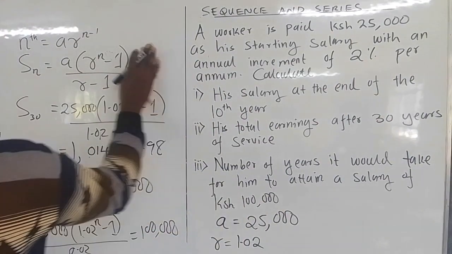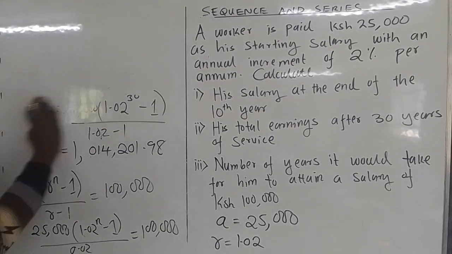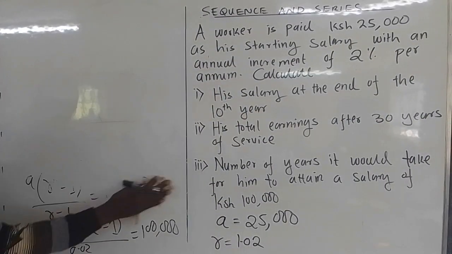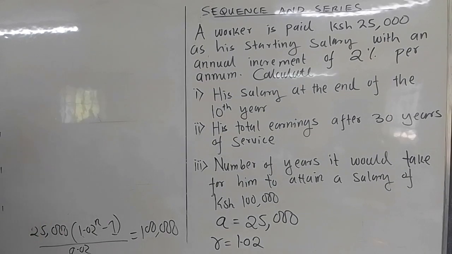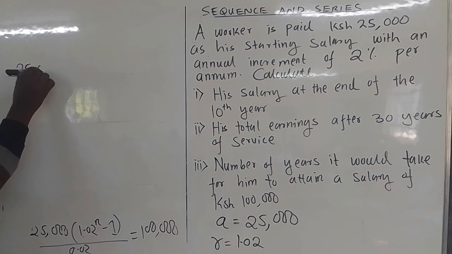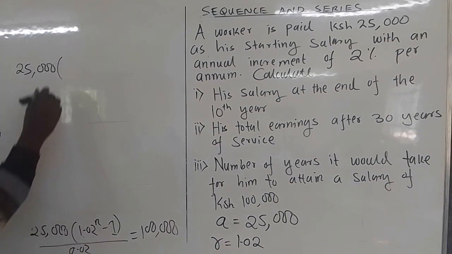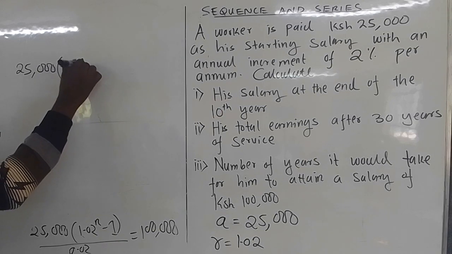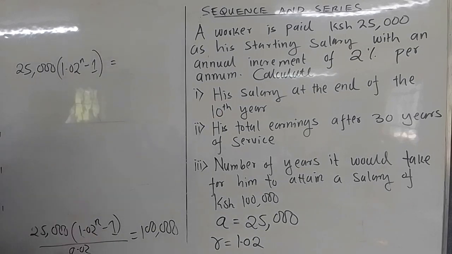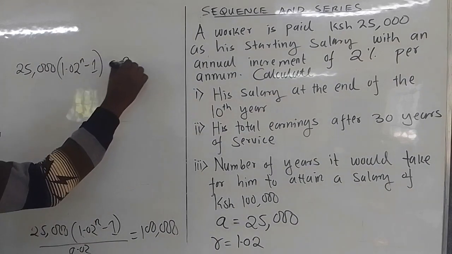Now this is how you solve it. You start by getting rid of the denominator, isn't it? So you multiply both sides by 0.02 to get rid of this denominator. So we are going to have 25,000 into 1.02 raised to power N minus 1 to be equals to what? 0.02 times 100,000, that is 2,000.